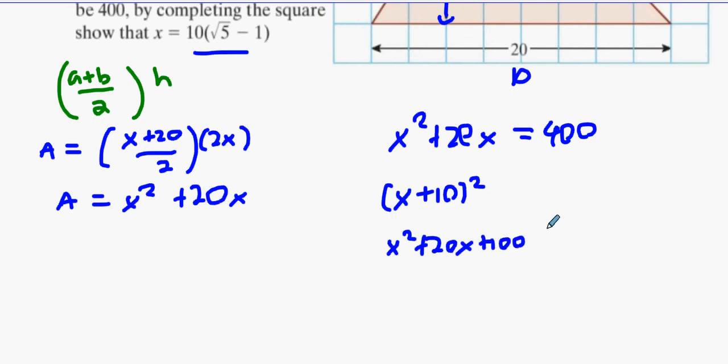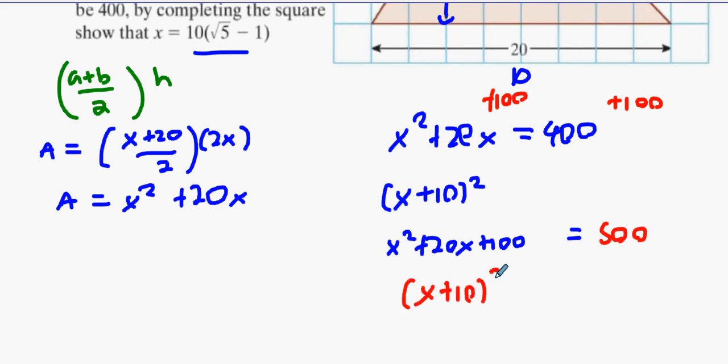Would you be happy with that? Now, what's the problem with that? If you have an extra 100 on the left, you definitely need an extra 100 on the right. So what would that turn that into? 500. Everybody cool with that? Now, x plus 10 squared equals 500. Everybody cool with that?